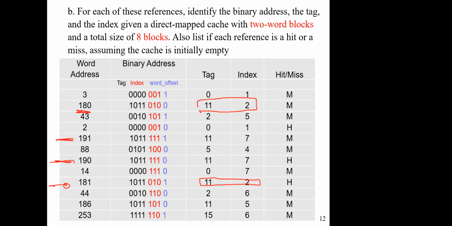I might ask you, if you were to get 191 and you are applying the spatial locality, when you bring 191, will you bring with you 192 or 190? The same applies. You will search for the same floor and the same tag, and accordingly you will know which one you will bring with it, and then you will decide afterwards whether it is a hit or miss, and so on and so forth.